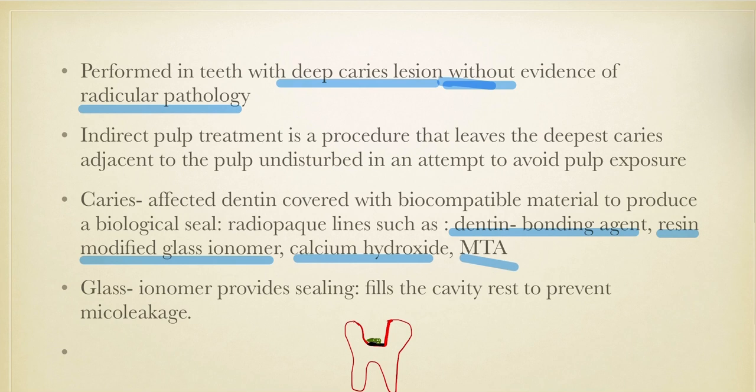And this can be a dentine bonding agent, resin modified glass ionomer, calcium hydroxide, MTA. Then on it, we put the glass ionomer, okay, to prevent any microleakage. So we have here the caries-affected dentine.